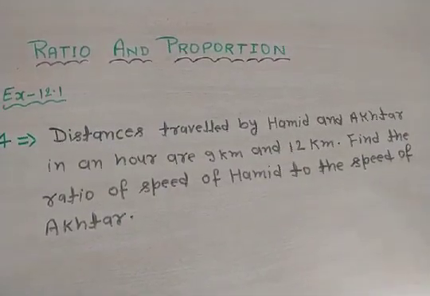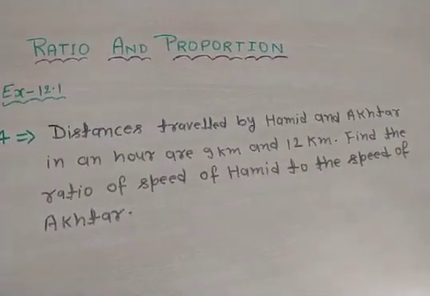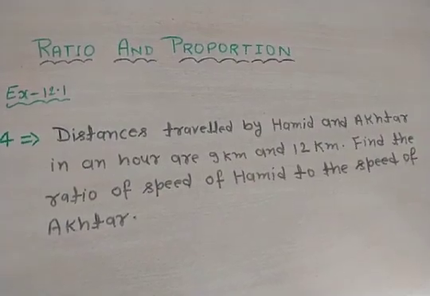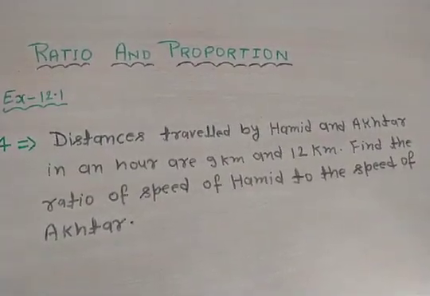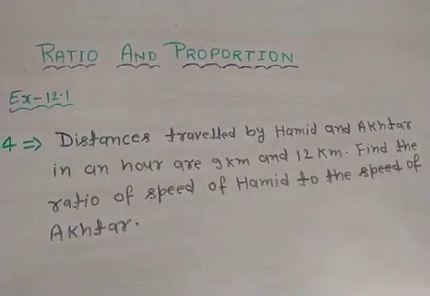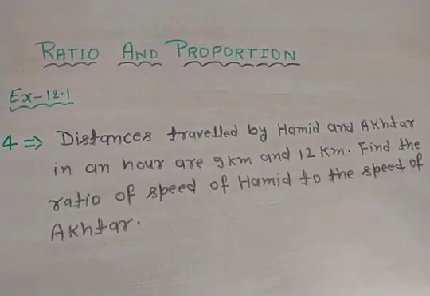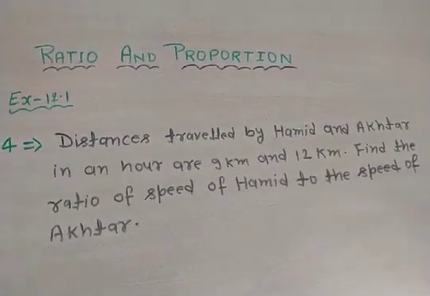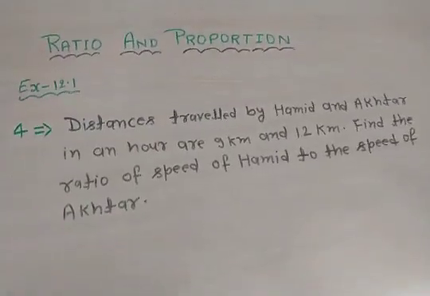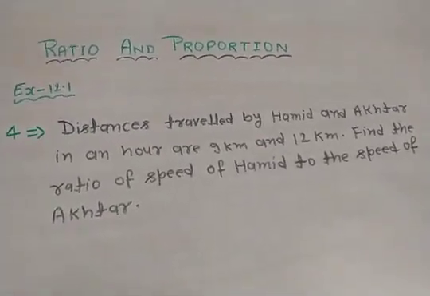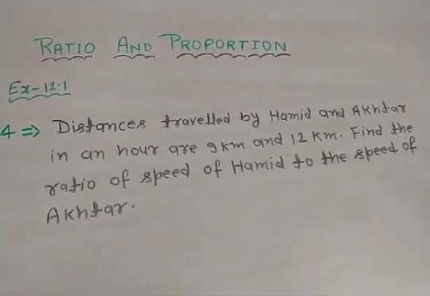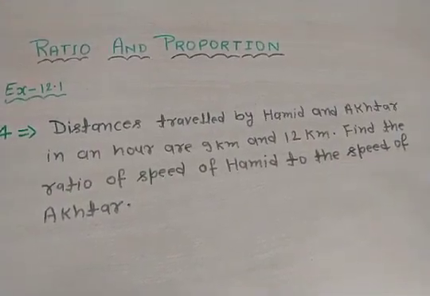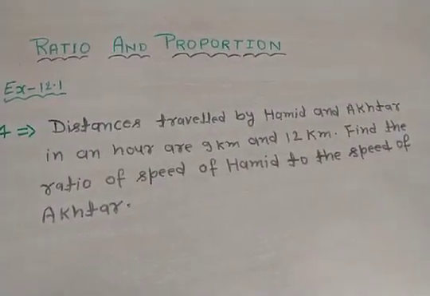After this we find the ratio, 9 ratio 12. What is this equal to? Tell me. 3 ratio 4. 9 by 12, if you simplify it, is equal to 3 by 4. So the ratio is 3 ratio 4.